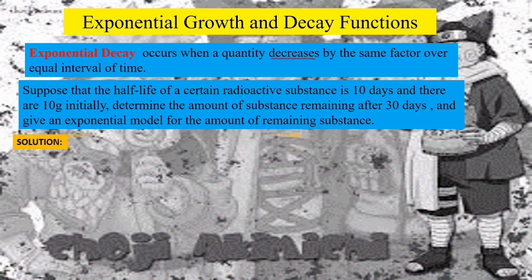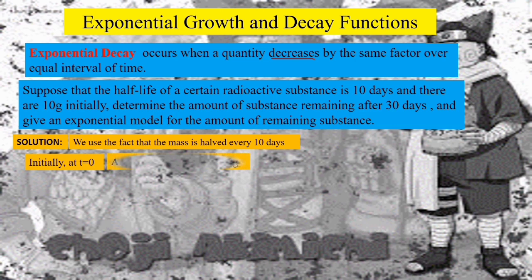To our solution, we use the fact that the mass is half every 10 days. So, every 10 days, nahahati siya. So, initially at t is equal to 0, meron kang 10 grams. So, if your t is equal to 10, okay, 5 grams na hati.